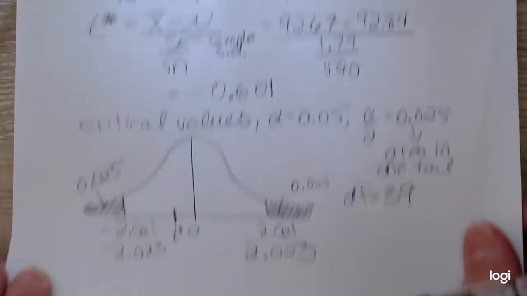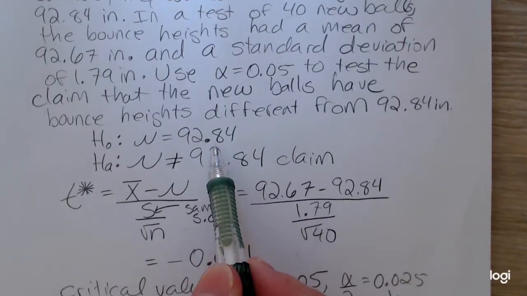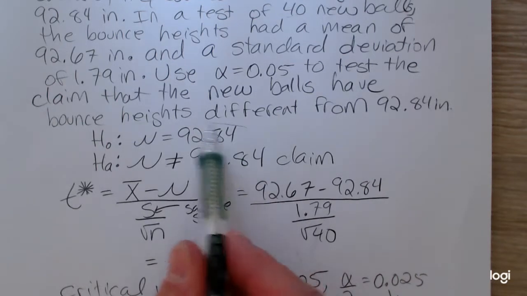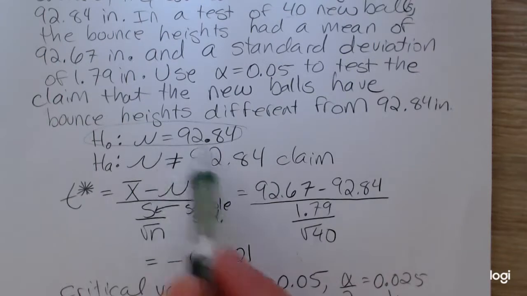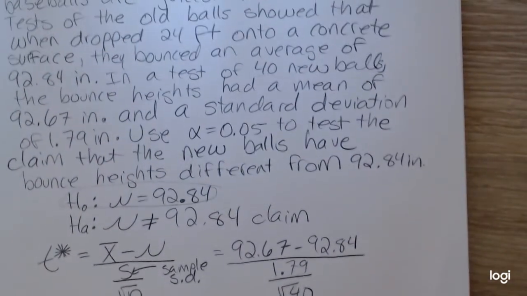So going back to my null and my alternative, I'm failing to reject the null, meaning that if I circled the one that quote-unquote wins, I would be circling the null hypothesis. The claim is the alternative, and we did not reject the null, so we are not in favor of the alternative.